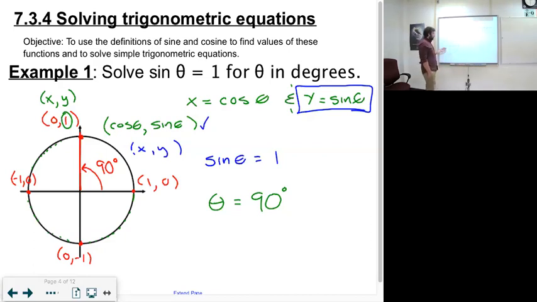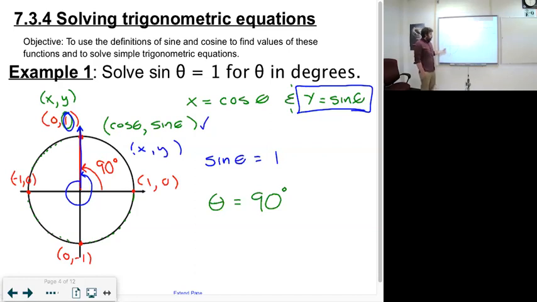So my first angle I found was 90 degrees, but if I go one full rotation from that angle, 90 degrees, I am now back at that same terminal ray, and my y coordinate of that angle is also 1 again. And if I go around the circle another full rotation, I end up at the same spot again, right?